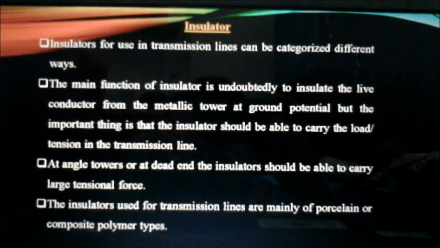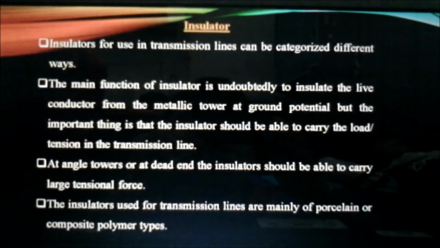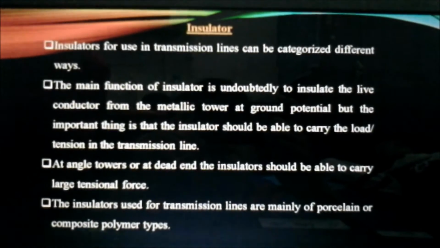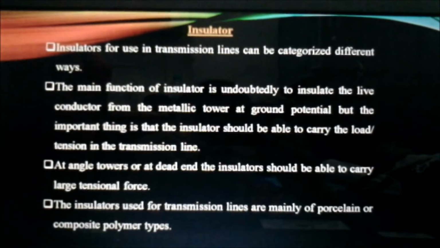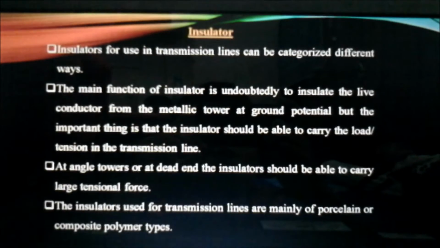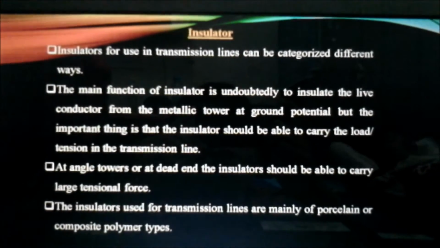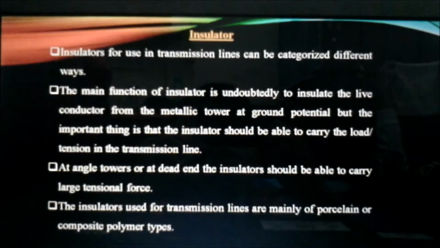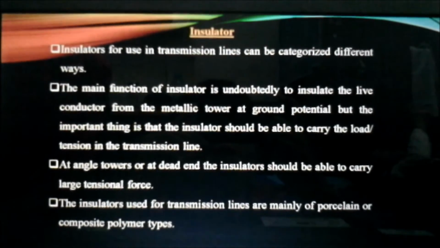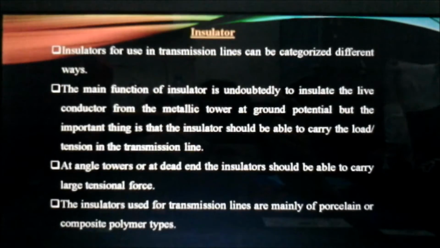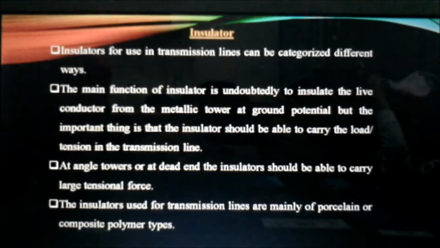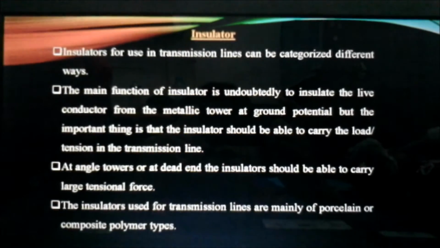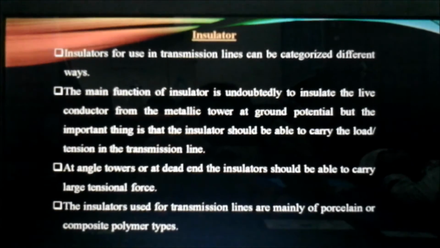The main function of an insulator is to insulate the live conductor from the metallic tower at ground potential, but the important thing is that the insulator should be able to carry the load or tension in the transmission line. At an angle tower or at a dead end, the insulator should be able to carry a large tensional force.